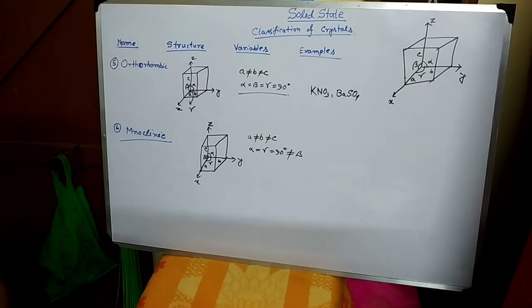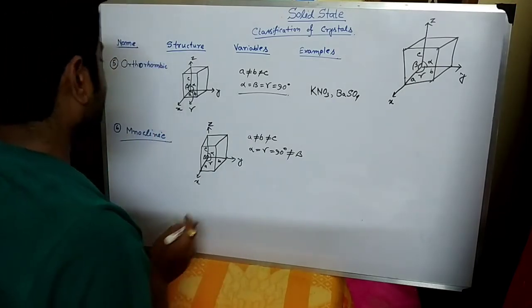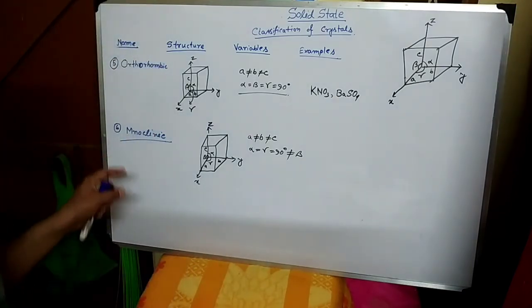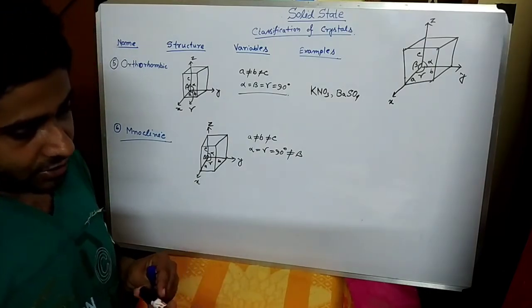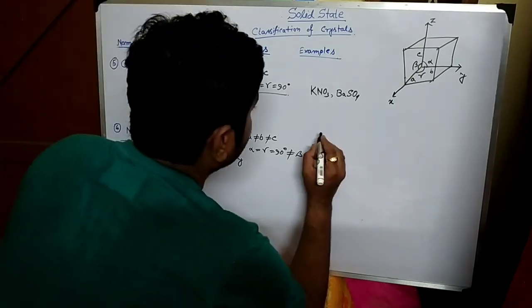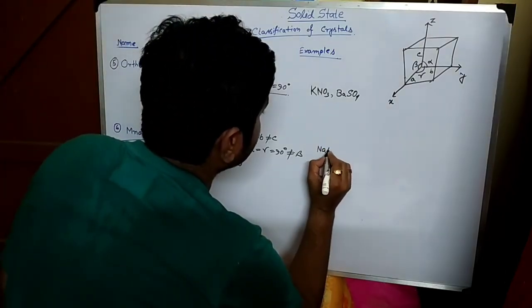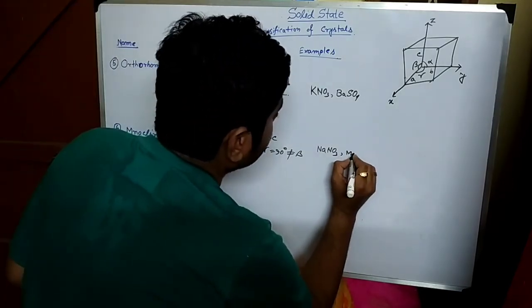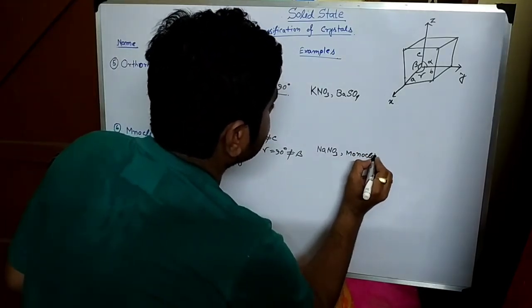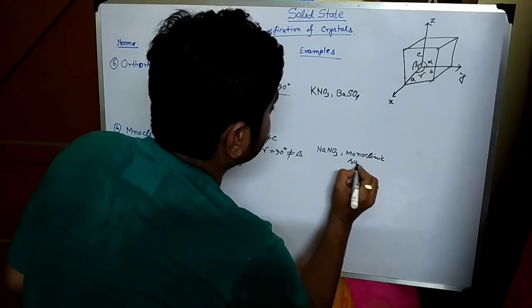This is the condition for the monoclinic crystalline structure. What will be the example for this? Sodium nitrate crystals, monoclinic sulfur.